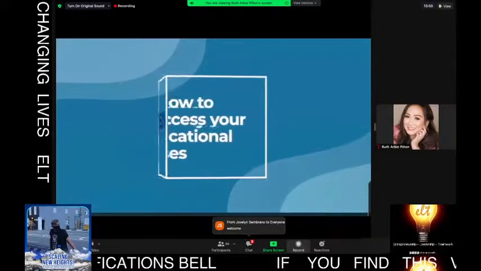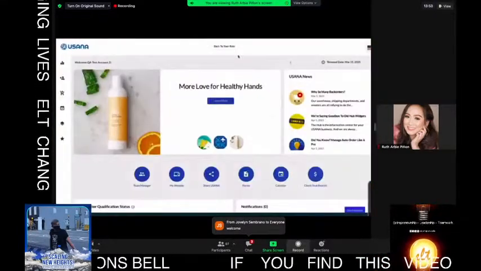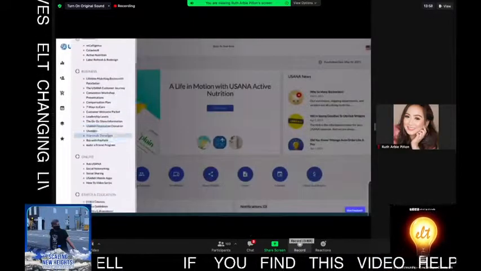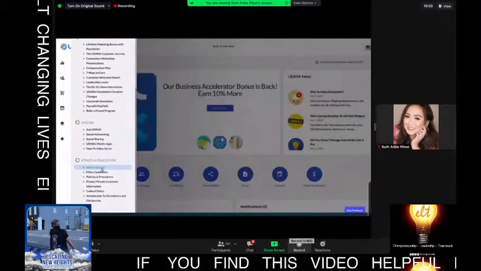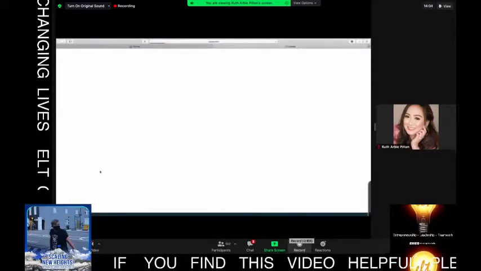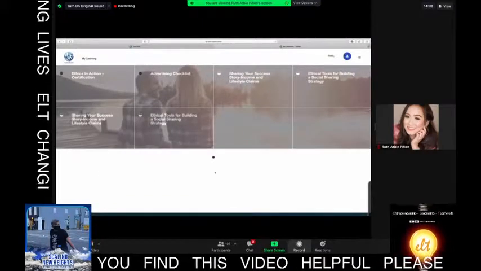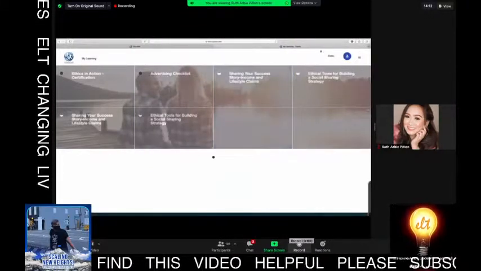To access all the educational courses that are available to you, simply log into the hub, click on the training icon in the left-hand menu. Once you've done that, scroll down to the Ethics and Education section and select Ethics Courses. You are now being directed to the Learning Management System, where you will see a variety of courses to choose from. Before you begin your desired course, you may also want to pick a preferred language.